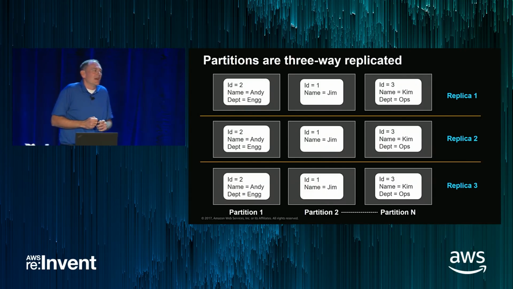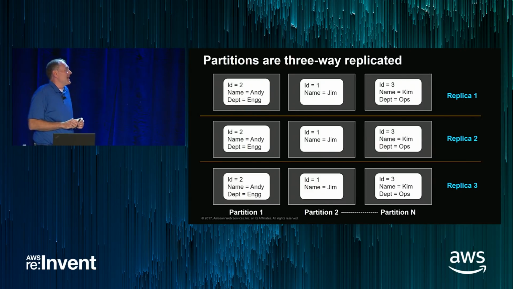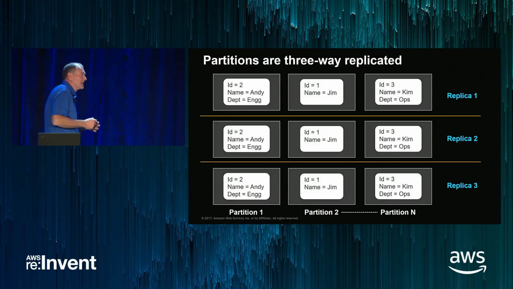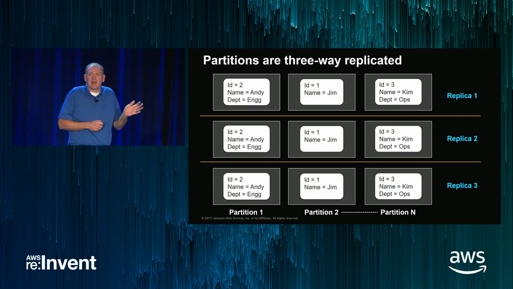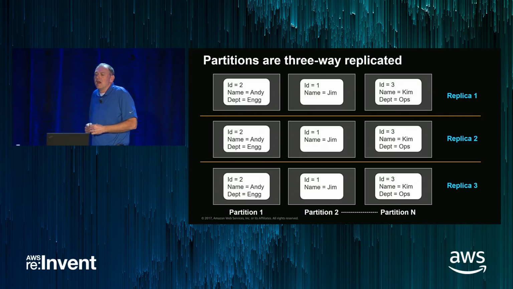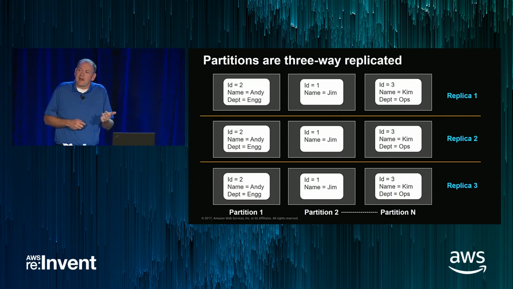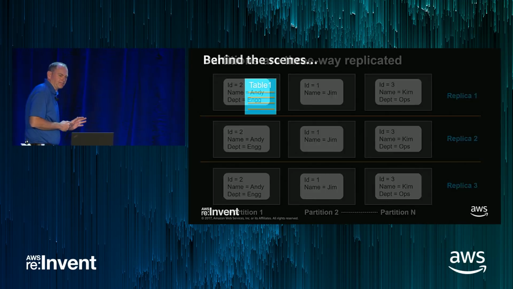No region stands up without it, and DynamoDB requires three-way replication. So even if you're only seeing 1 AZ, like in some of our new regions, like in China for a while, there was only 1 AZ. There's really 3, but that's for the backplane infrastructure that we run things like DynamoDB in. And that replication is automatic. It's nothing you need to enable. When you define a table, it's just going to get replicated across those 3 AZs.